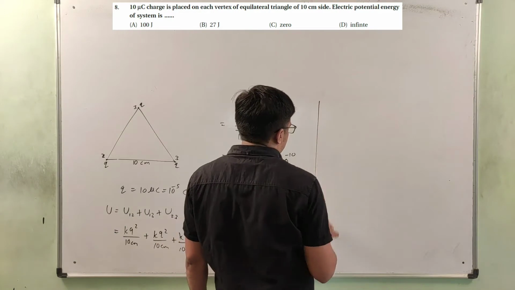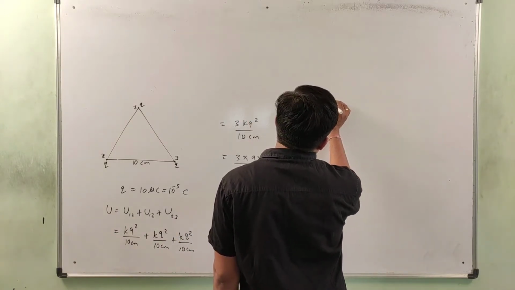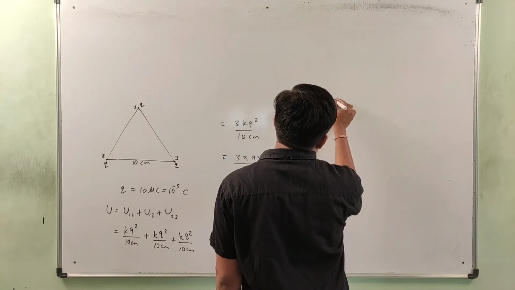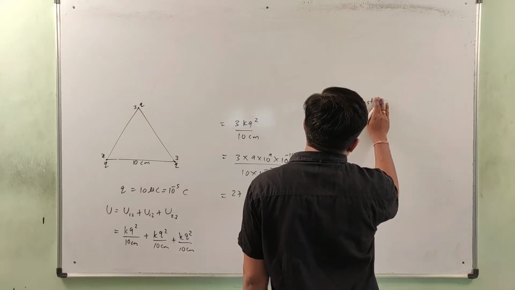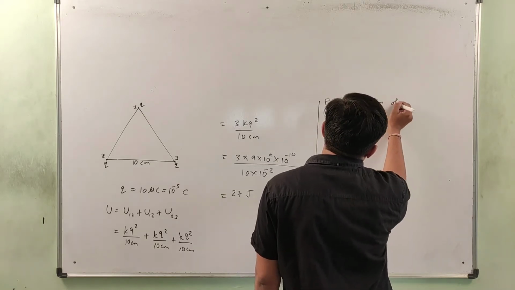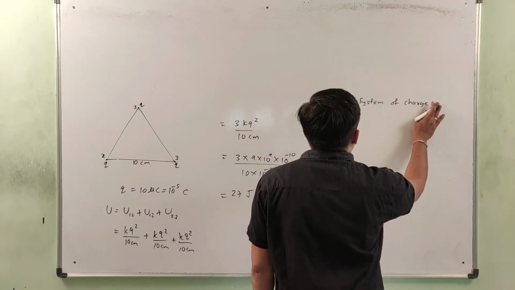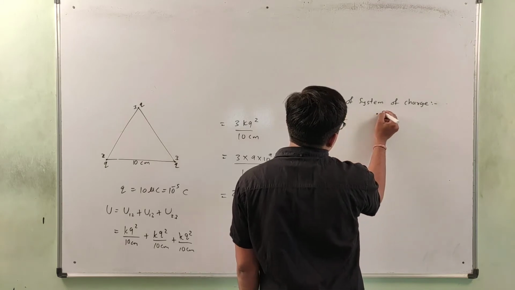So revise the concept of potential energy of a system of charges. Whenever you are writing the potential energy of a system of charges, make a pair of all charges.